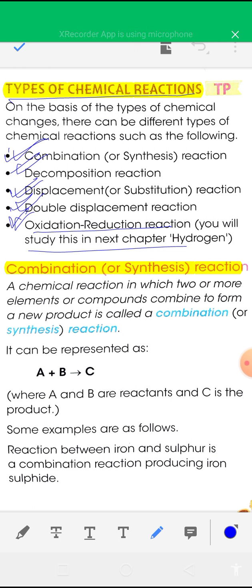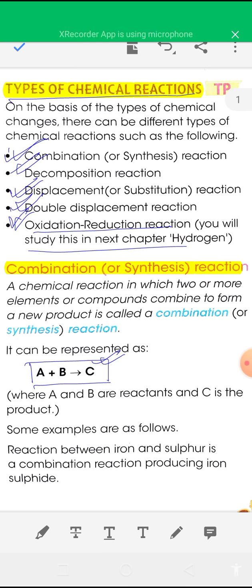It can be represented like this: A plus B gives C, where A and B are two reactants that combine together to form a single product C. So in a combination reaction, two or more reactants combine together to form a single product.